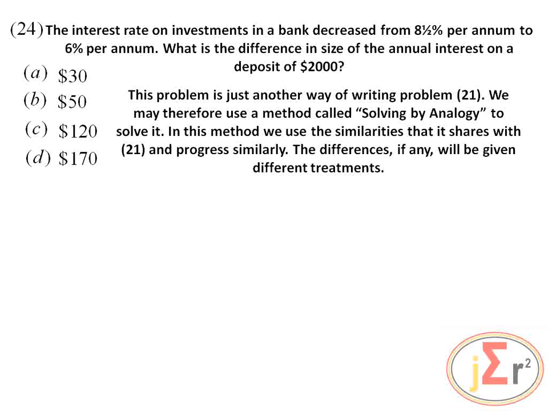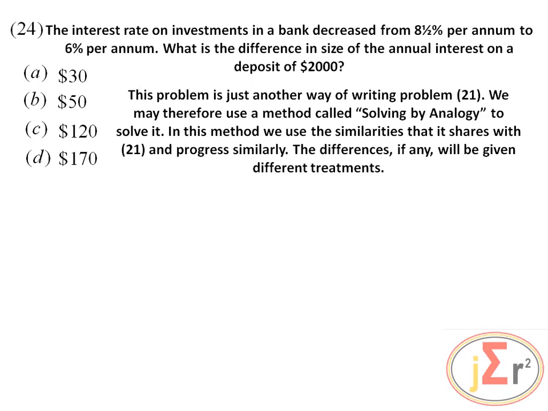So when solving by analogy, we solve a problem of a similar nature by making use of the similarities. So we are going to make use of a problem that we have solved before that has similar characteristics. And in the case that they are similar, we will continue in a similar way.